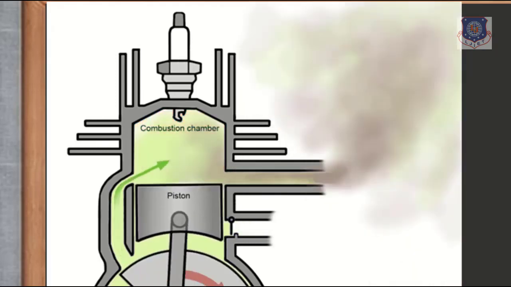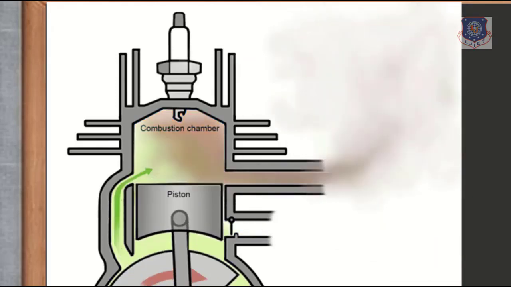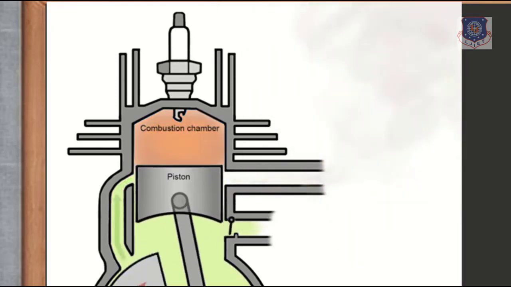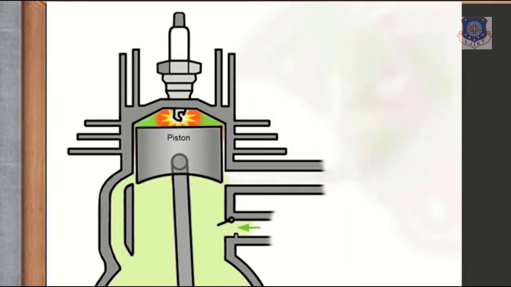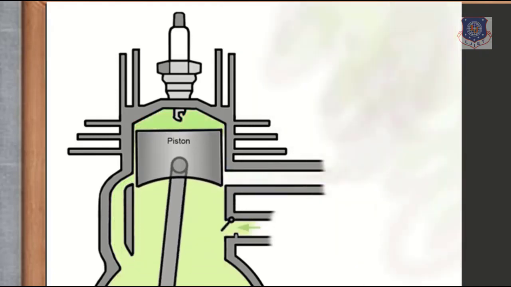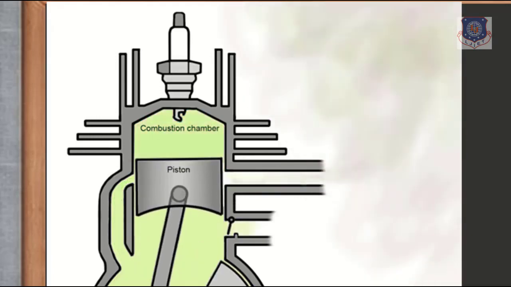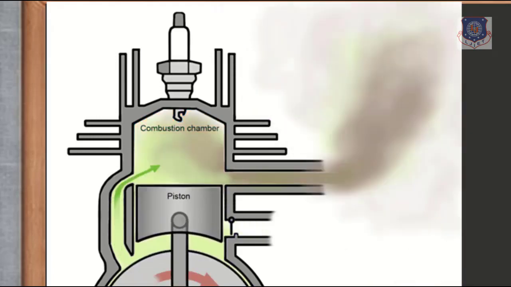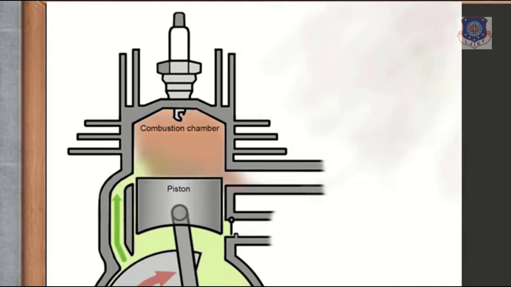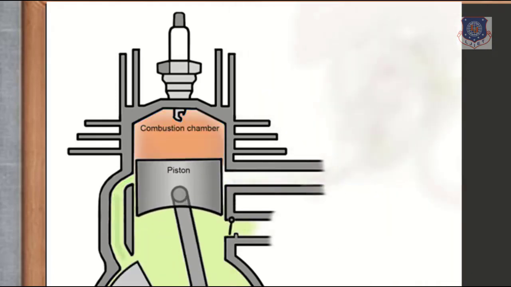So in the expansion stroke, the piston is coming down, we are getting power and also exhaust, so it is called our expansion stroke. Clear? Fine. So now you are almost clear about the expansion stroke. If you are still not clear, you can move back in this video and hear it again. Fine. So let's move to the compression stroke.